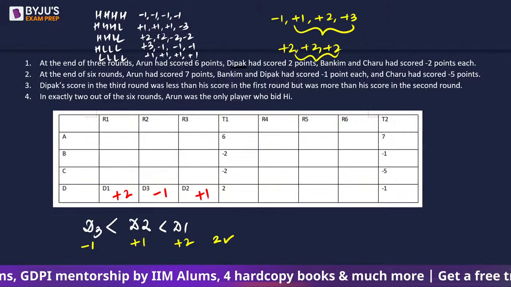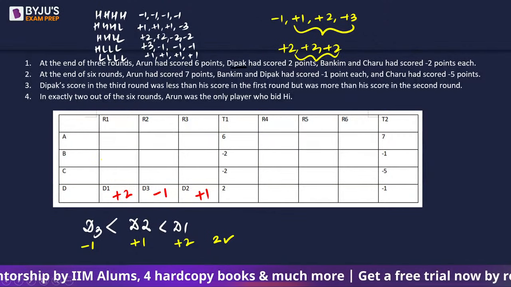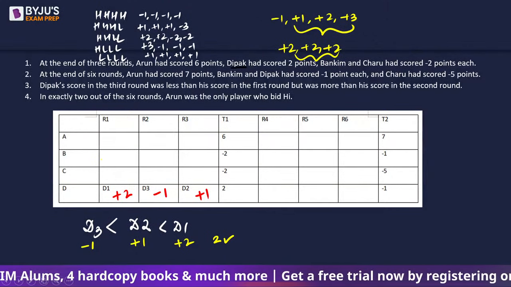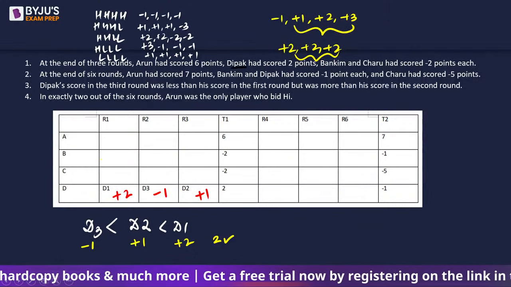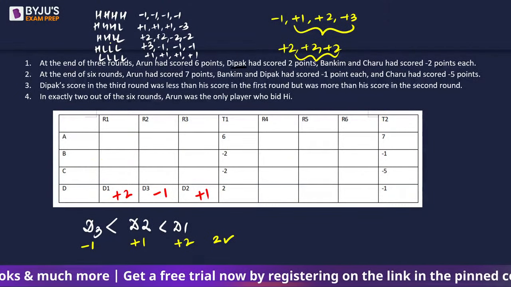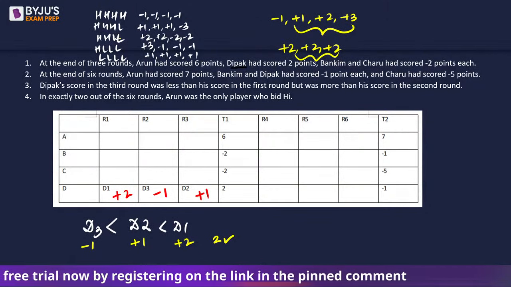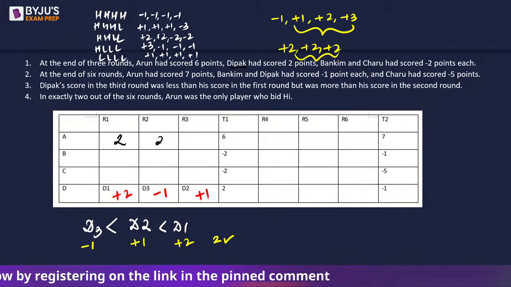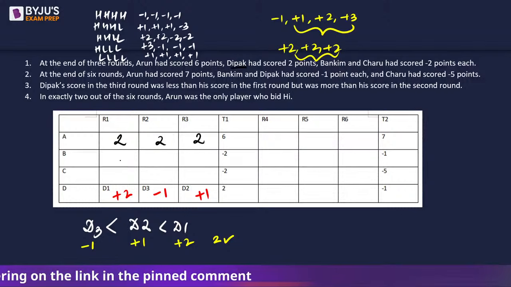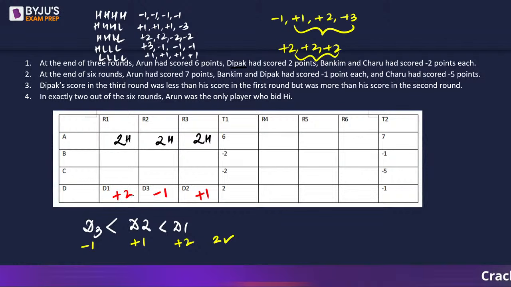Now, if I'm going to take a 2, 2, 2 for A, so that would mean it is high, high, low, low ka combo, right? Let's write it down. So if I give 2, 2, 2 to A, so A is high, he's going to be high here, he's going to be high here, and D is a high here, so these two are going to be low. Low mein what do we get? -2.